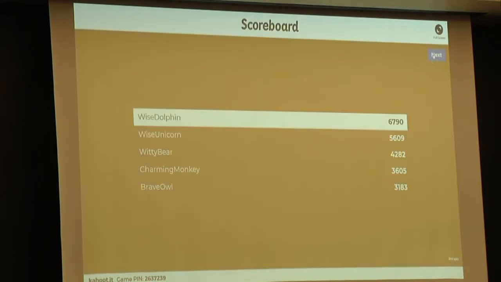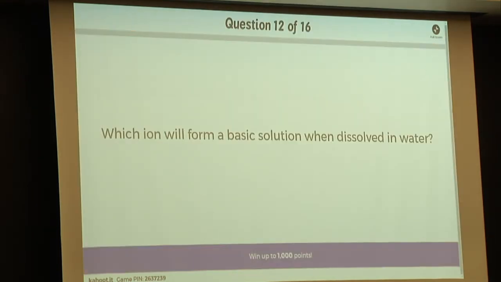I'm good. All right, which ion will form a basic solution when dissolved in water?